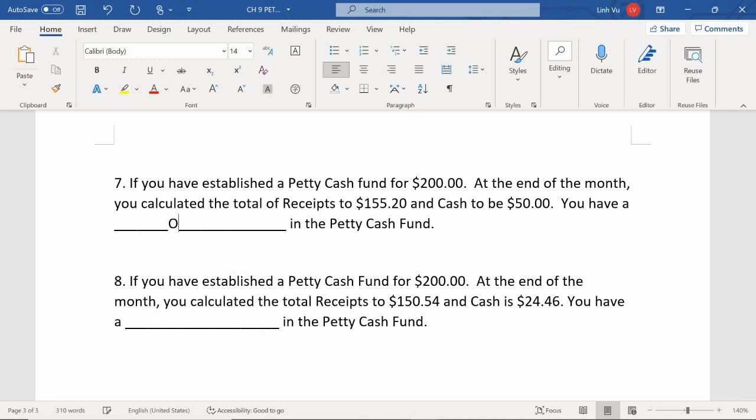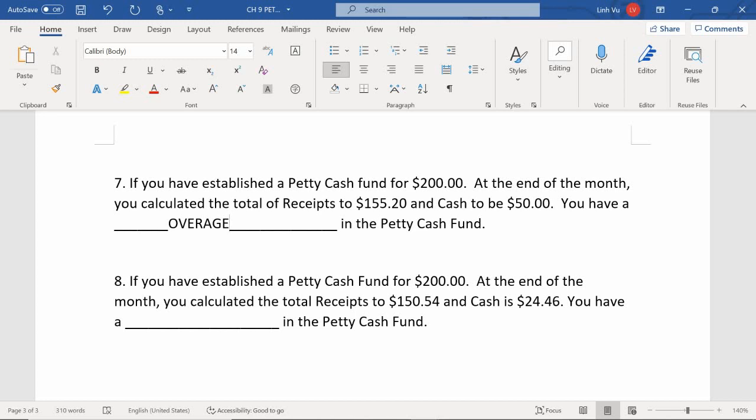Good. Overage. Right? In this case, that's exactly right. You have $155. Wait. You're supposed to have $45, no? You're supposed to have $200.